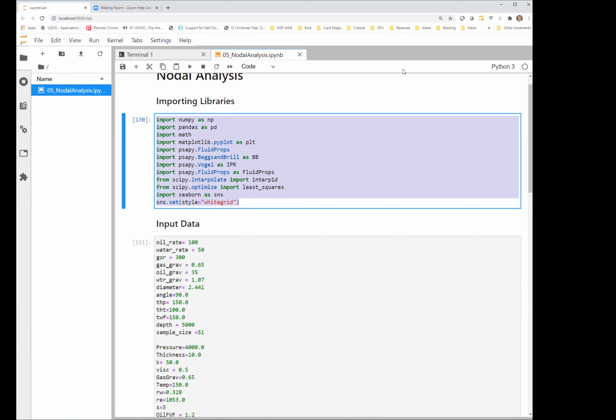I'm just aliasing Beggs and Brill as BB right here, just for short and simplicity. For the IPR, we have the library Vogel. So within Vogel, I'm using this called APR. And we are going to be using also SciPy. Last week we used the optimizer and interpolation.